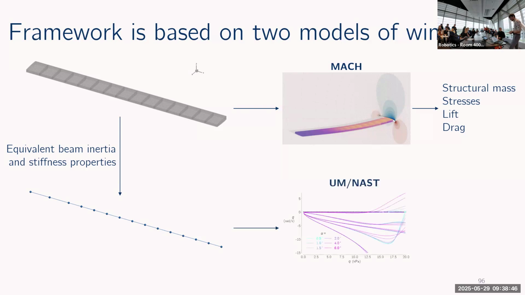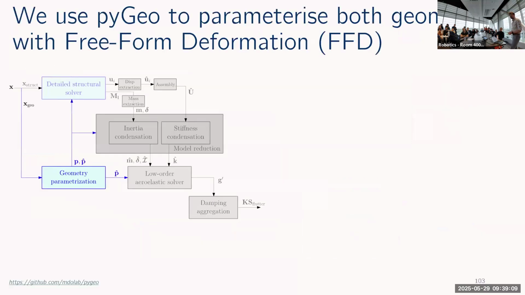I'm going to pass that beam to UMNAST, which is a nonlinear aeroelastic simulation toolbox developed by Professor Sesnick here at the University of Michigan. UMNAST is then going to do some geometrically nonlinear flutter analysis so that I can compute a flutter constraint in my optimization problem.